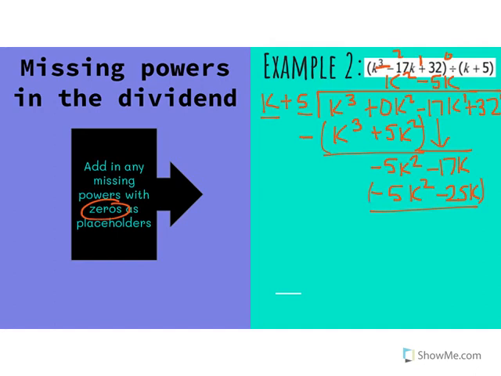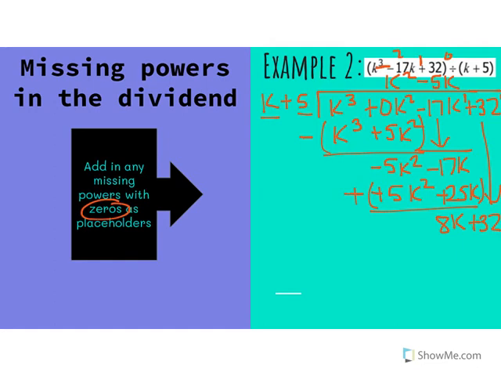Go ahead and put parentheses around that whole thing. Subtract it. Remember, these turn positive because they're both negative if we distributed that. So now the k squareds cancel out, and then I have my negative 17 plus 25k, which I'm left with 8k. Go ahead and bring down your 32, our last value there.